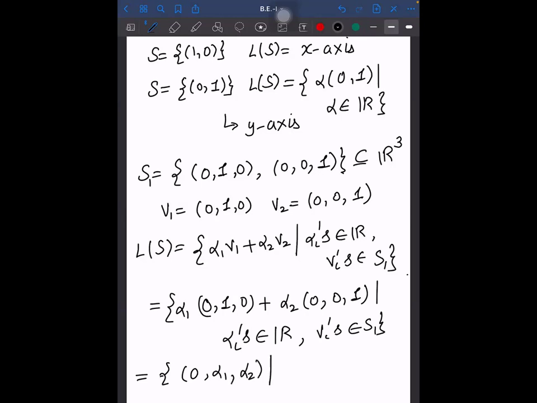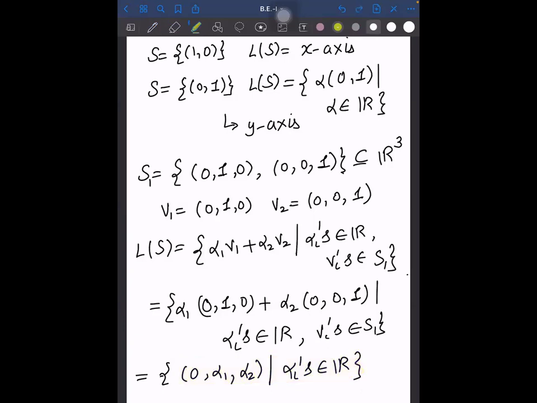We have already dealt with the Vi's. Now we are only left with the alphas, so alpha belongs to R. Now, can anybody tell me what this will represent? The YZ plane. Yes. Why the YZ plane?